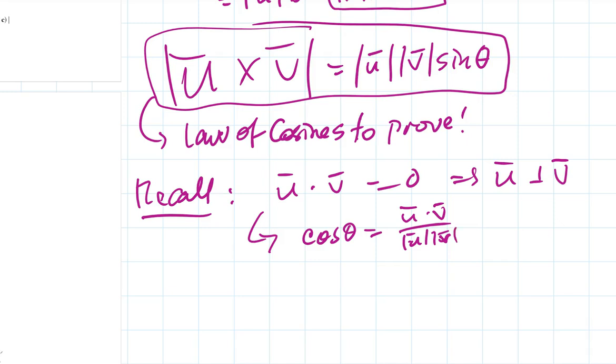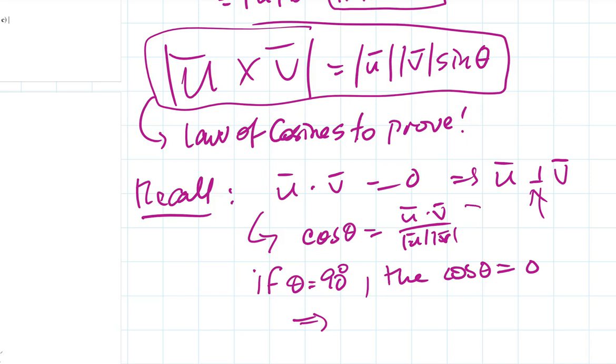And if theta equals 90 degrees, in other words, they're perpendicular, then cosine of theta is going to be 0, which would imply that the numerator of this fraction is 0. So that would imply that u is perpendicular to v. And then you can go the other way if you want.